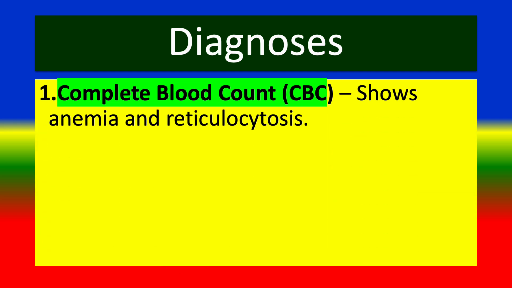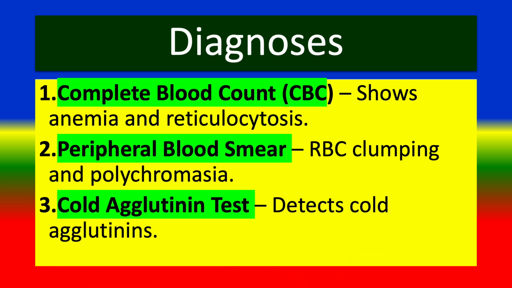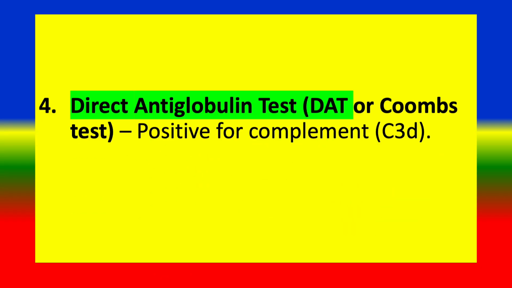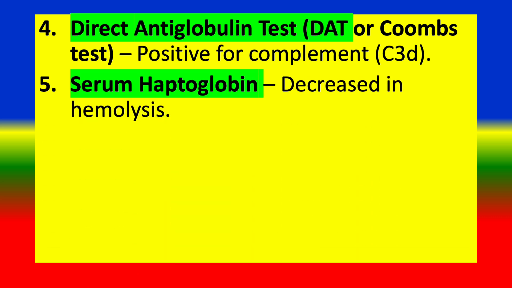Diagnosis. 1. Complete blood count, CBC, shows anemia and reticulocytosis. 2. Peripheral blood smear, RBC clumping and polychromasia. 3. Cold agglutinin test detects cold agglutinins. 4. Direct antiglobulin test positive for complement C3d. 5.